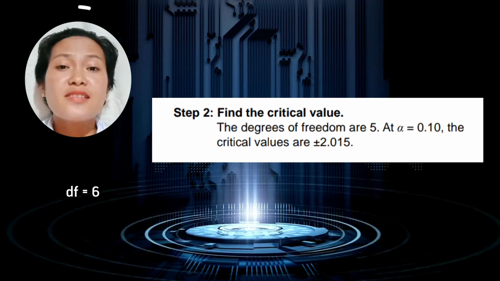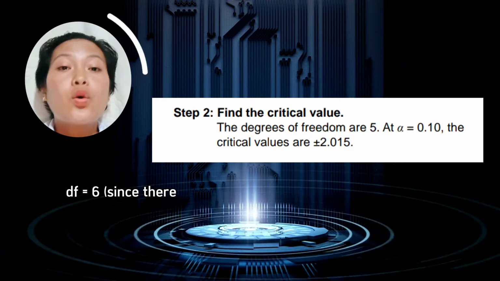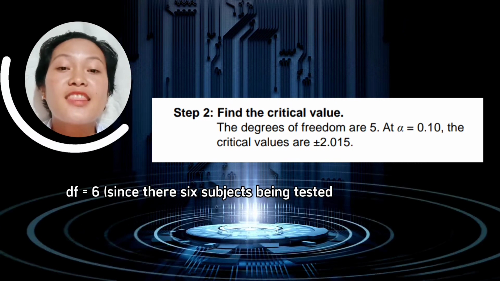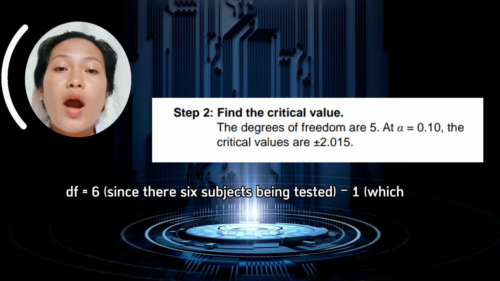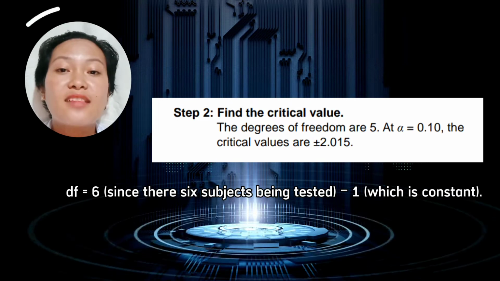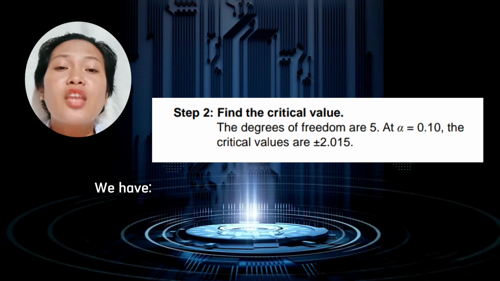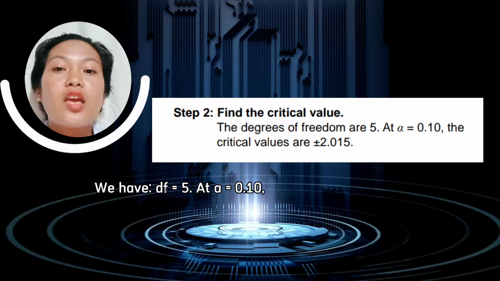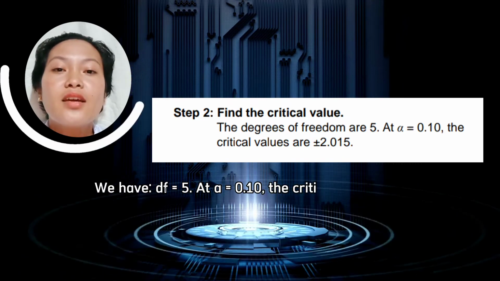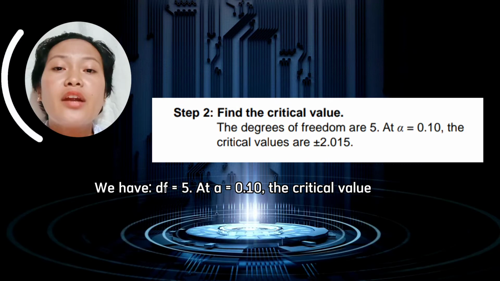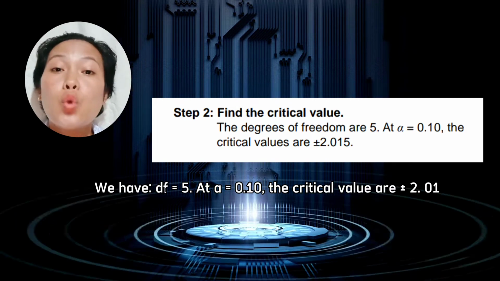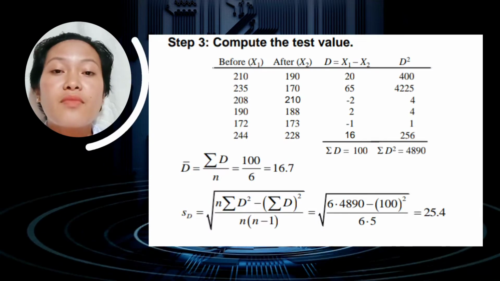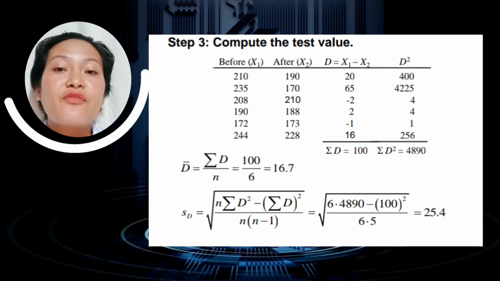In this case, n equals 6 since there are 6 subjects being tested, minus 1, which is constant. Then, we have df equals 5 at alpha equals 0.10. The critical values are negative and positive 2.015.